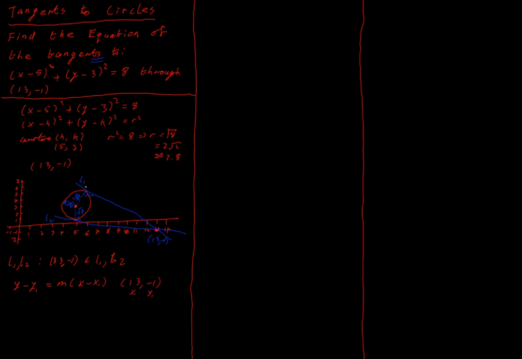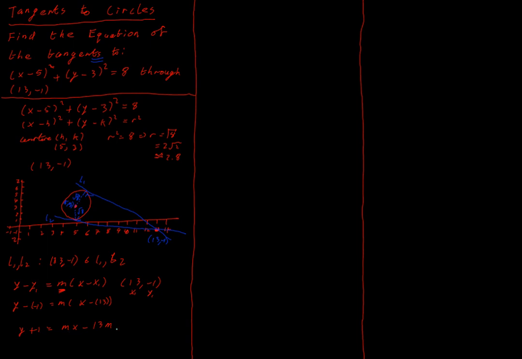That's true for both L1 and L2, but I don't know the slope m. So let's sub in and see what we can do. y minus -1 is equal to m times x minus 13. So y plus 1 is equal to mx minus 13m.